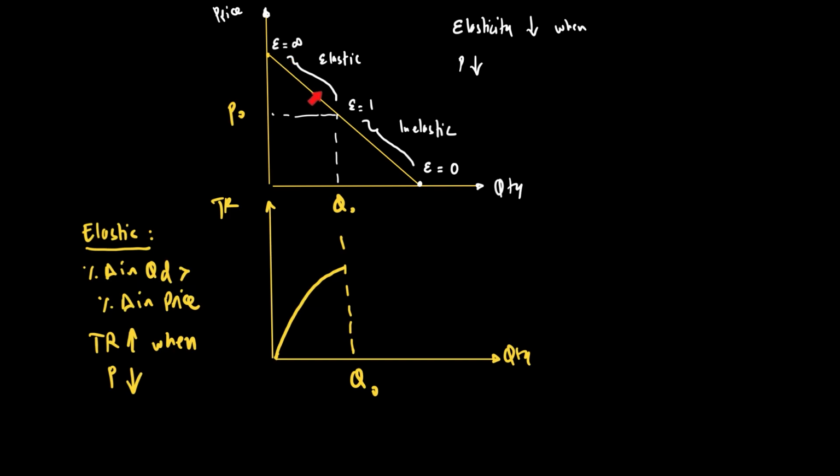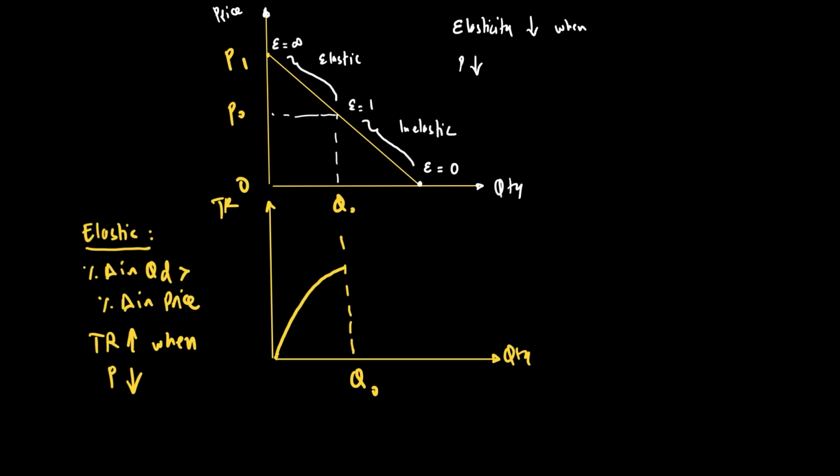On the other hand, when we keep on lowering the price, from let's say P1 to P naught to 0, in the upper half, because the good was elastic and I was lowering my price, total revenue went up because the percentage change in quantity demanded was more than the percentage change in price.